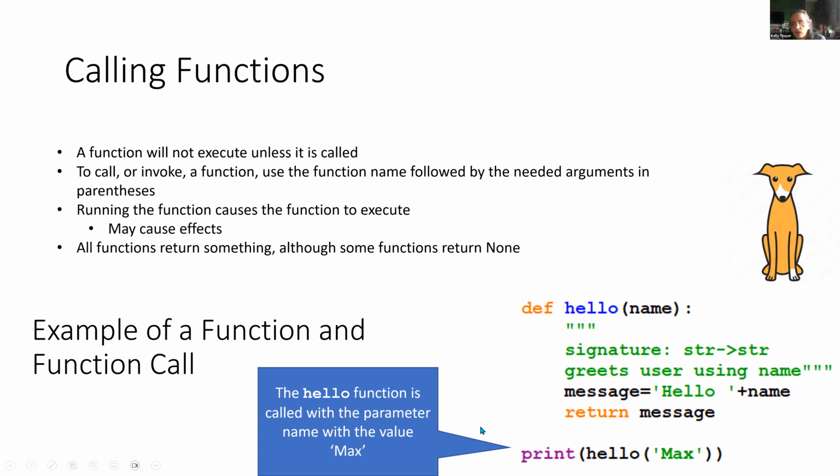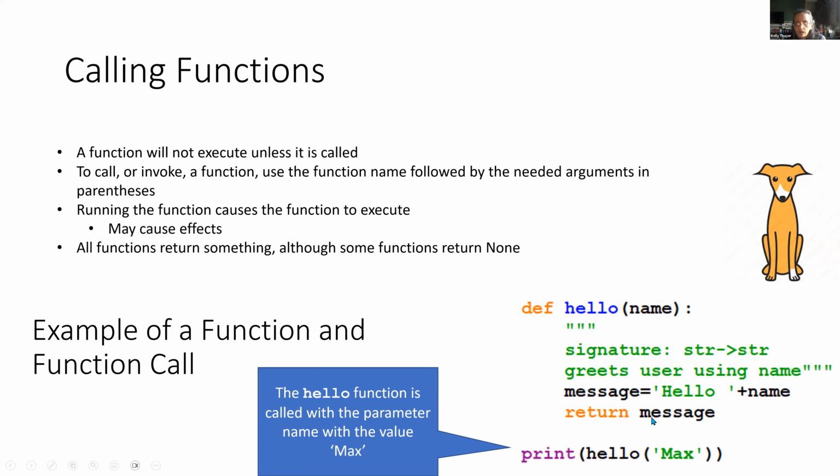So let's just take a look at a function call. Here we have print. So this is going to print out the result of hello of max. Here's the name of the function, which matches the name of the function right here. Here's max, which is going to be assigned to the name. And so this function will execute and it's going to get the message here, hello max.